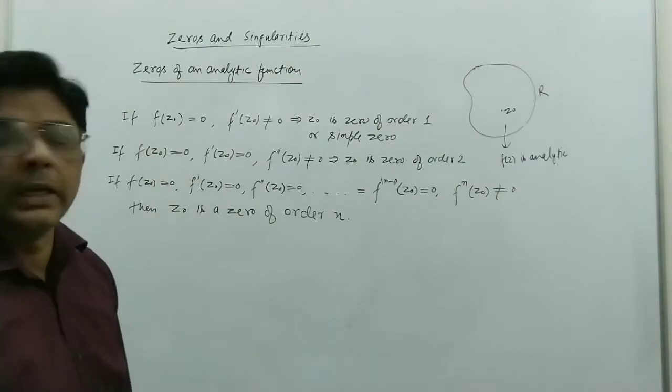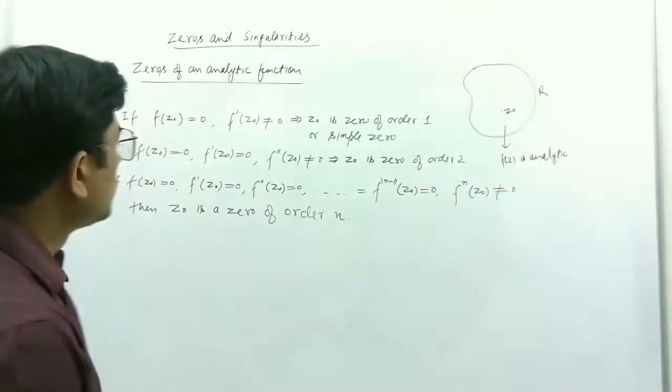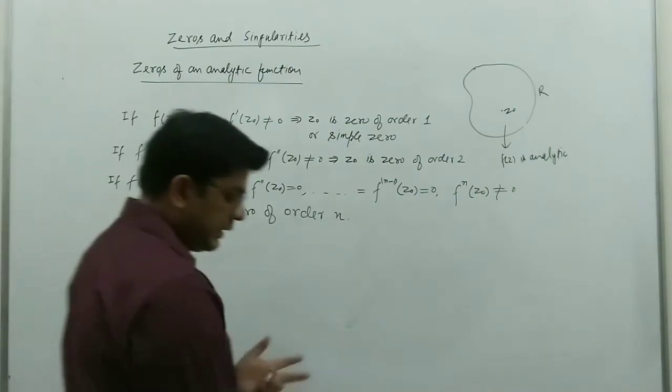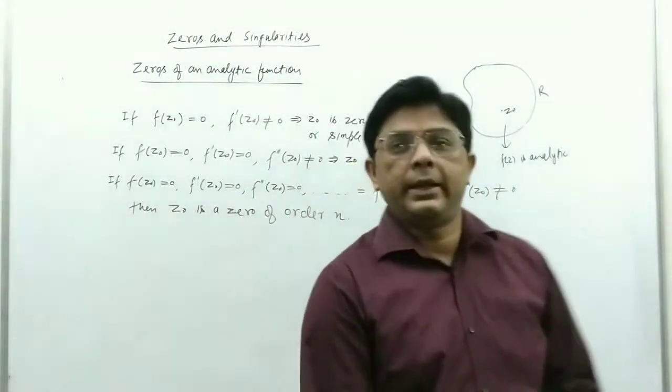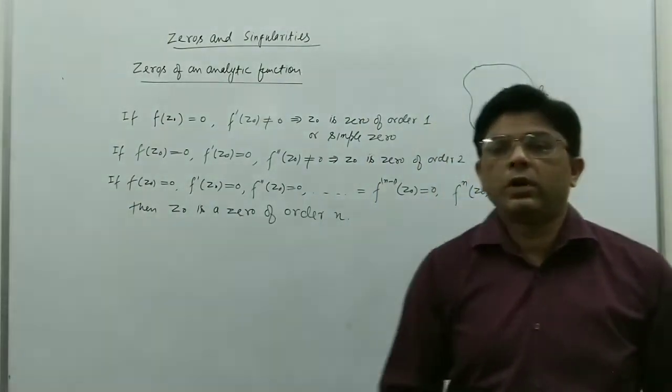So this is the definition of zero of order n. So zero of order 1, zero of order 2, zero of order 3 and zero of order n we can define.